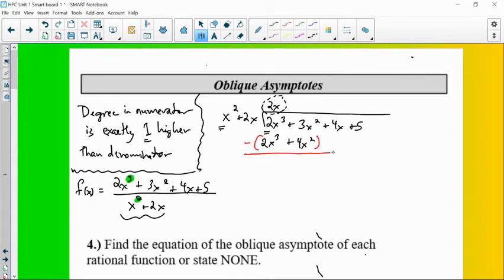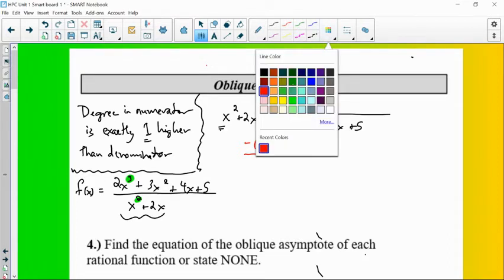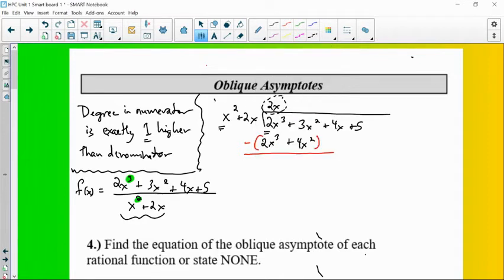You're always subtracting, so be very careful. So then 2 minus 2 is 0. It's the whole point. You want them opposites. So then 3 minus 4, that's where you're going to get your negative 1. So then negative x squared, and then you bring down your plus 4x. You can bring down your 5 too, but there's only 2 terms, so we can hold on to it for the next time. That's fine.